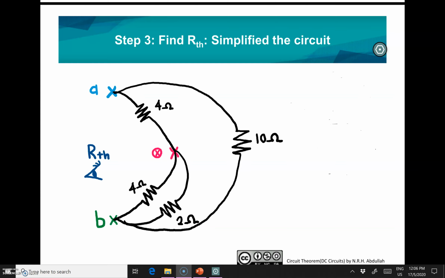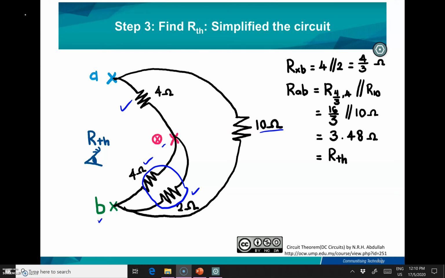As we can see, the 4 ohm and the 2 ohm are in parallel because they share the same nodes, which are node X and node B. Resistors that share the same nodes are in parallel. After you parallel these resistors, the result will be in series with the 4 ohm. And then after you determine the series resistance, it will be in parallel with the 10 ohm resistor.